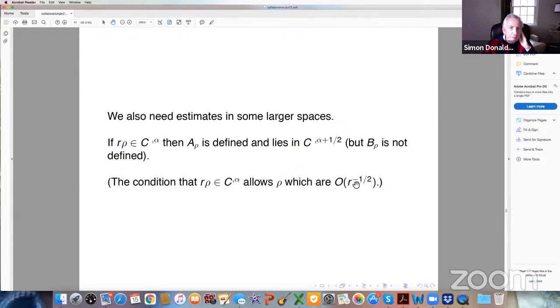Then the estimates show that Aρ is still defined and lies in a slightly weaker space, but now Bρ wouldn't be defined. If we had such a thing, then the solution of Δu equal to ρ wouldn't have a well-defined second term in its expansion.